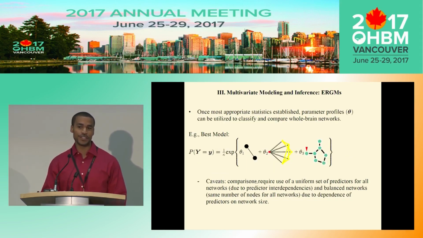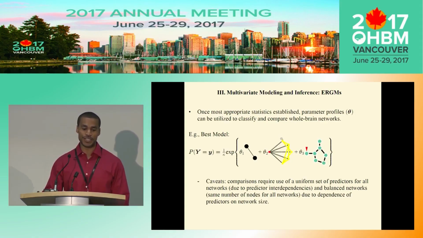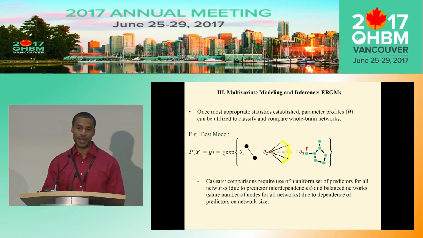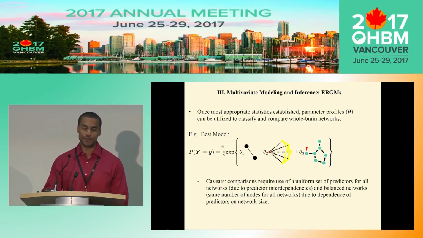And once you have these most appropriate network statistics, you could then use parameter profiles to classify and compare whole brain networks. So for instance, if you have 10 normal subjects and 10 subjects with a specific health condition, you could fit 20 models, because you actually have to fit these to each individual network.